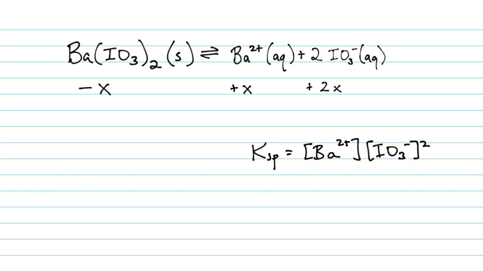So what that's going to allow me to do is go straight into my solubility product constant, and I can say KSP equals x times, this is going to be 2x, that's what was in the place of iodate there, and I still got to square it.